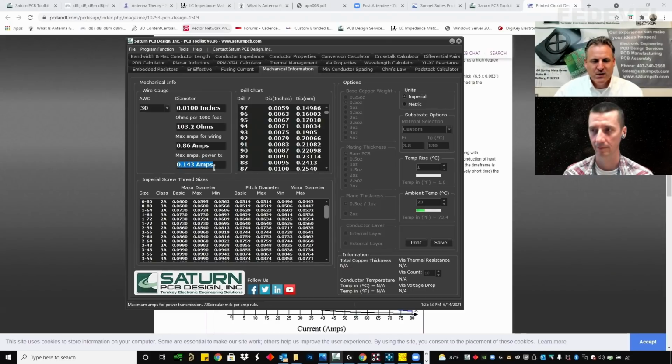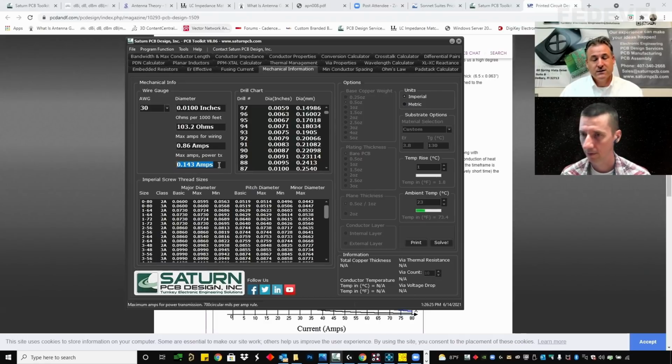And maximum power transfer is your rule of thumb not to exceed if you're using this for like a data cable or something like that. Yeah, it says in the hint, I think. Yeah, for power transmission, yeah. Yeah, 700 circular mils per amp rule.